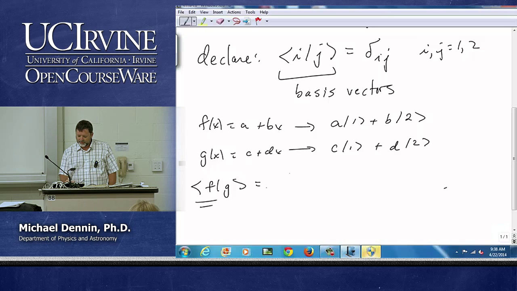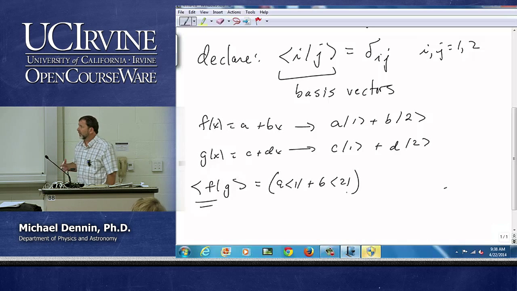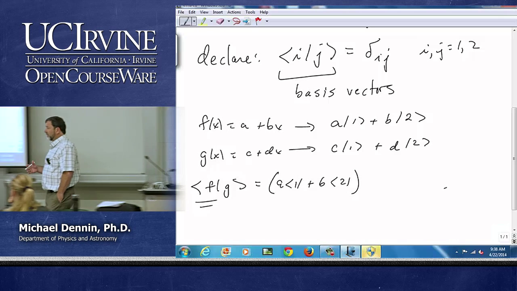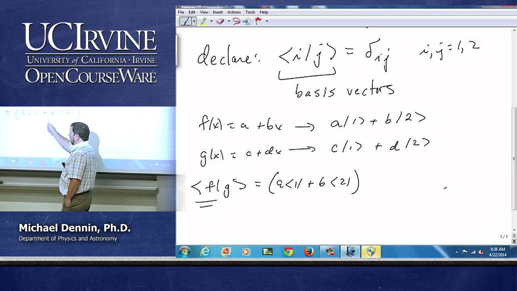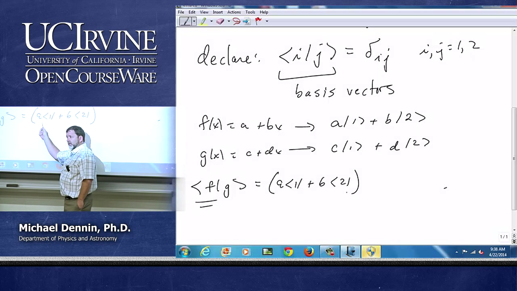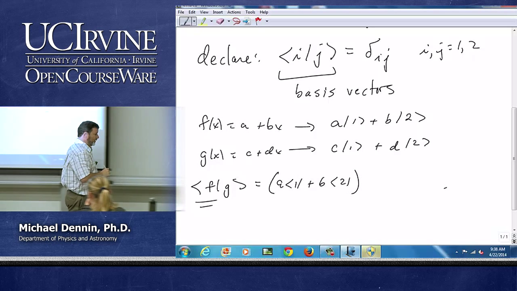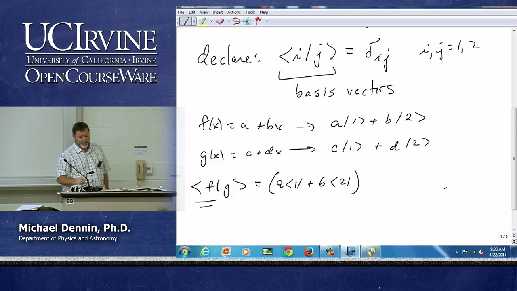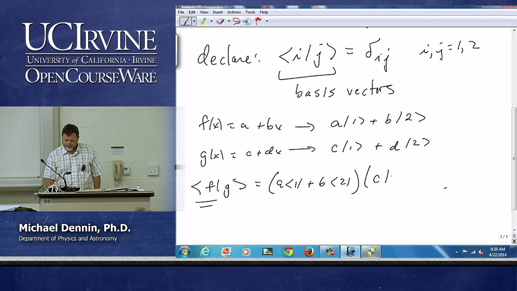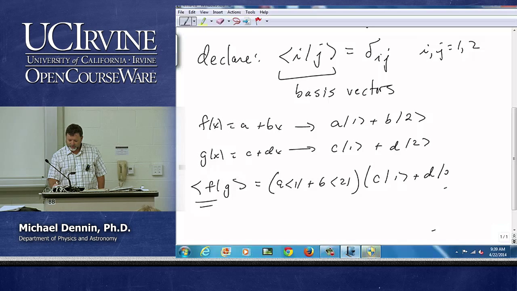Well, f as a bra is just a<1| plus b<2|. Notice if a and b were complex numbers, something to keep in mind, I would have to take the complex conjugate here, because that's what it means to turn it into a bra. And I'm going to multiply that by c|1> plus d|2>.